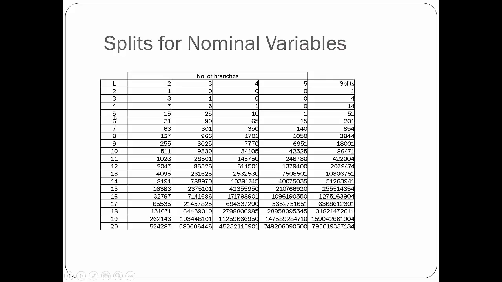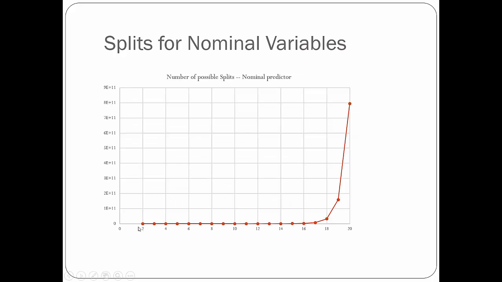Beyond 5 possible values, we restrict it to only 5 branches. Now you see the total possible splits increasing in a much faster and larger way. If you plot this, you get a curve like this. When you get to about 15 or 16, after that it just takes off.